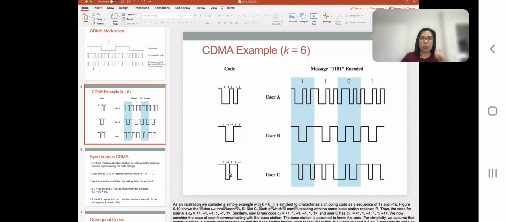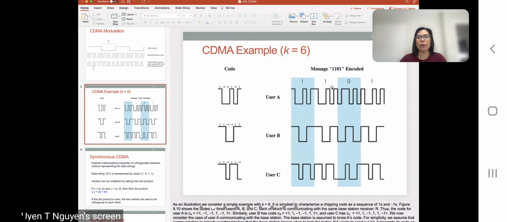Just to recall the definition of orthogonality: if you have two frequencies and we say that they are orthogonal, it means they do not overlap. They are separate frequencies, and because of that, they do not interfere. Similarly, when we talk about orthogonal codes, they have the same meaning. We'll see later.